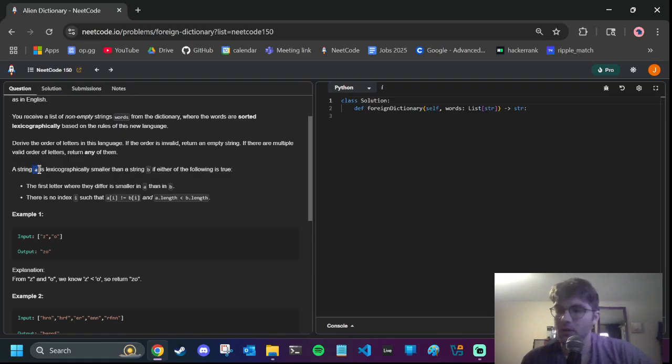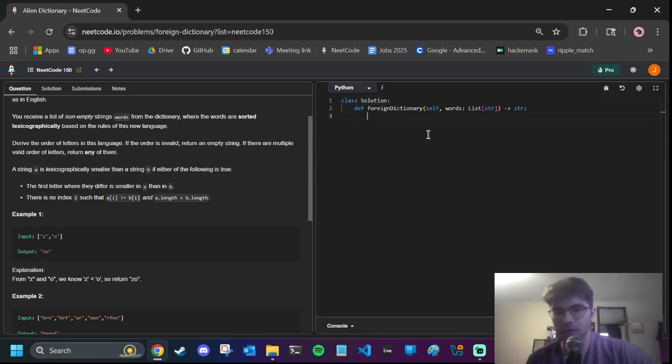Okay. A string A is lexicographically smaller than a string B if either of the following is true. The first letter where they differ is smaller in A than in B, or there is no index I such that A of I does not equal B of I, and the length of A is smaller.